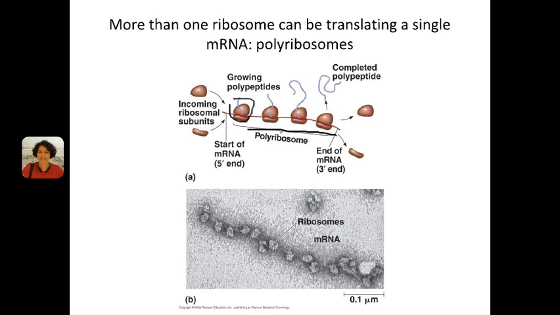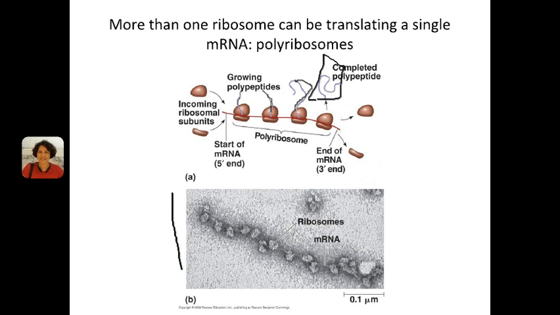Over here is one ribosome that has finished, so the subunits have separated from each other. From left to right, we can see the protein getting longer as it exits the ribosome, and then here, the last one, the protein has been completed.